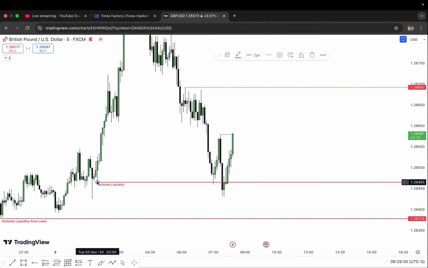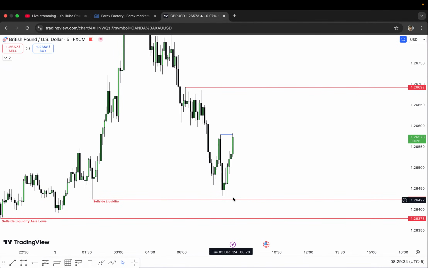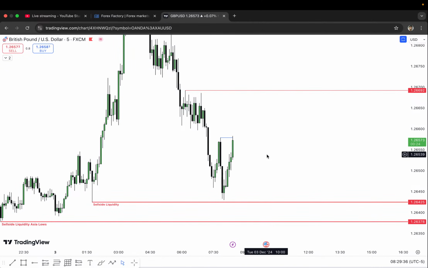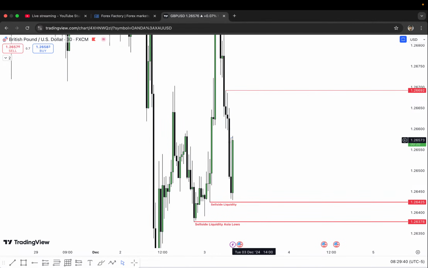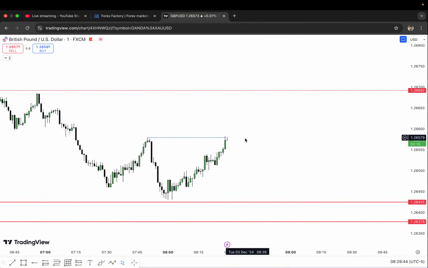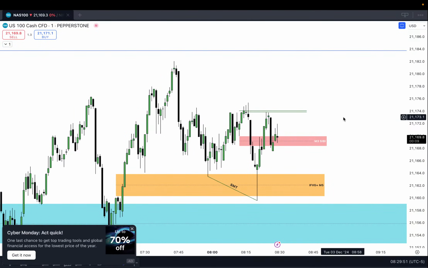This is just some relative equal lows. See how beautiful these relative equal lows are. 30-minute gap here, 30-minute fair value gap. So let it form some kind of setup from here. If it wants to fall, we'll see it later on.